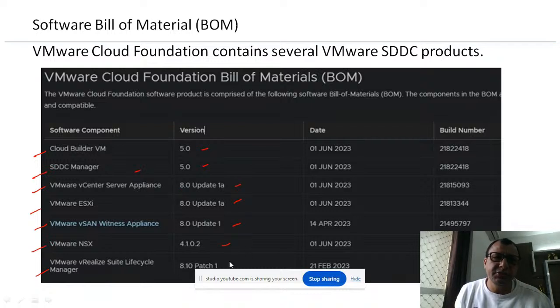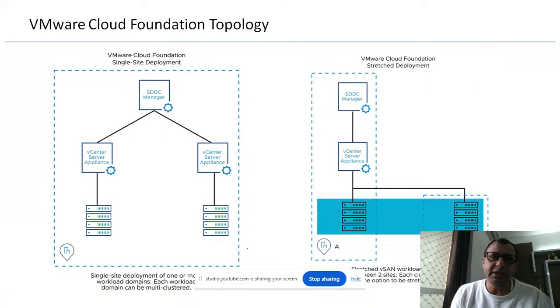As I said, it depends on which VCF version you are working on. According to that, you have to select your software bill of materials, which is available on the VMware site itself. When you browse the VMware Cloud Foundation release notes, you will find the available bill of materials there. So it's pre-validated and pre-standardized.